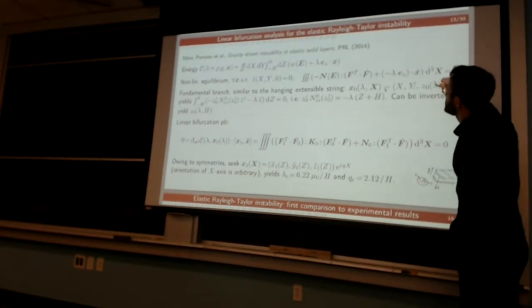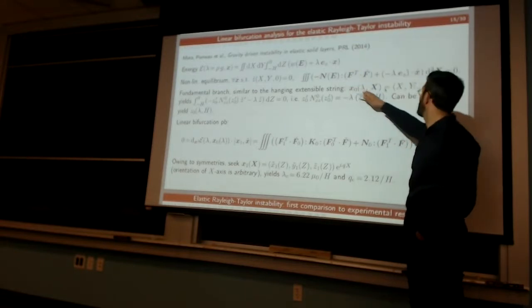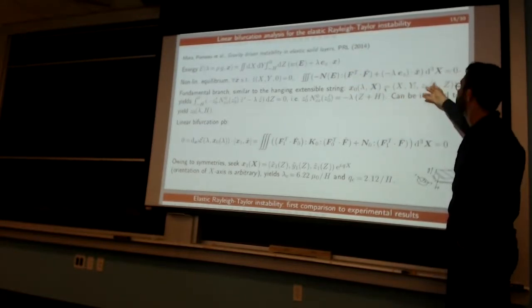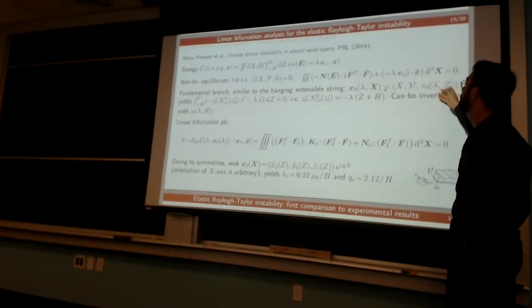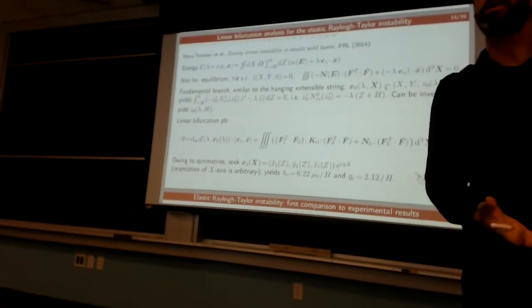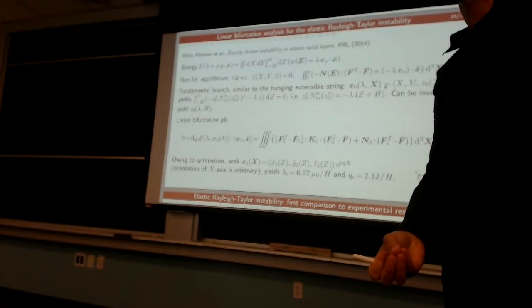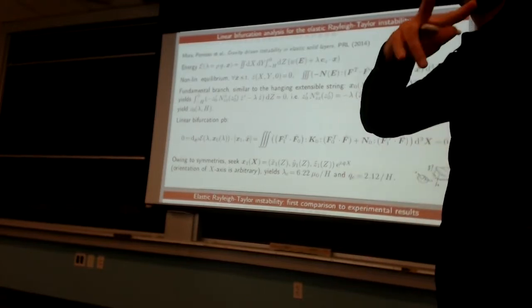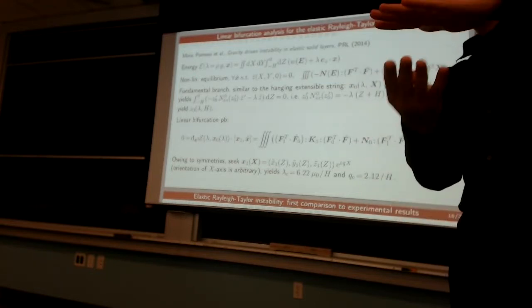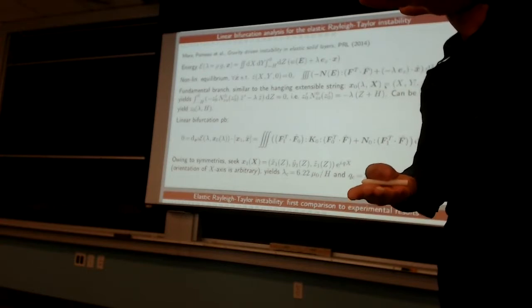We can plug this into the nonlinear equations of equilibrium, and of course it becomes much simpler because that's effectively a 1D problem. I have only one unknown, only the Z variable that's there. And actually, this problem becomes very similar to the problem of a hanging extensible string, right? So it's an extensible string that's hanging under its own weight. And you know how to solve that. You take an imaginary cut by writing the balance of the lower part of the string.